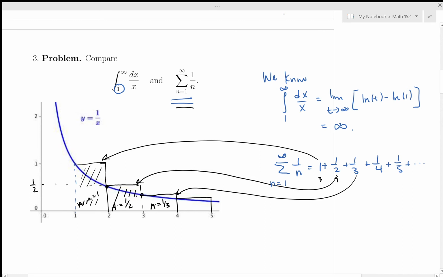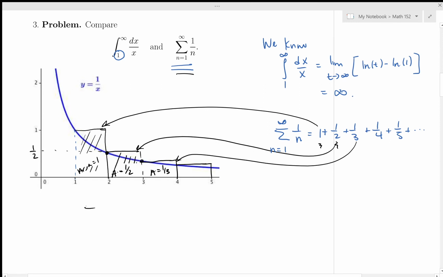And you can see that the total area, when I add up all of those shaded black rectangles, is going to be more than the area under the blue line, y equals 1 over x. So we can see here that the sum from n equals 1 to infinity of 1 over n is greater than the integral from 1 to infinity of dx over x.